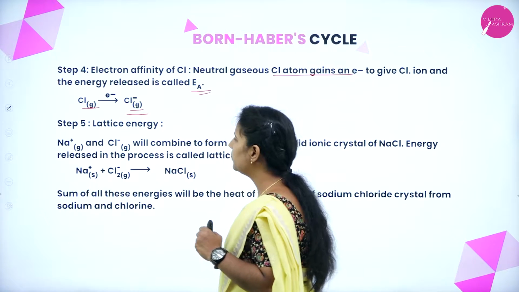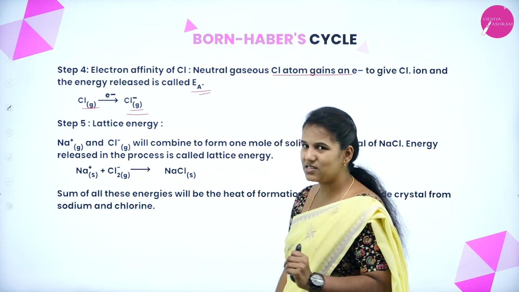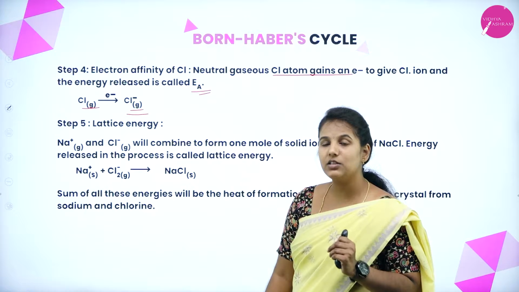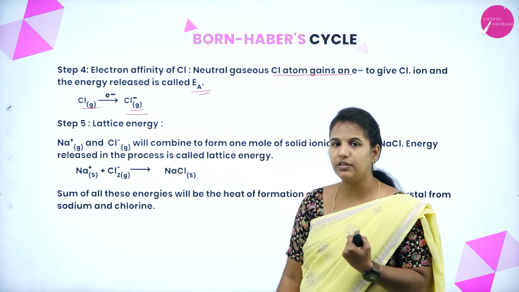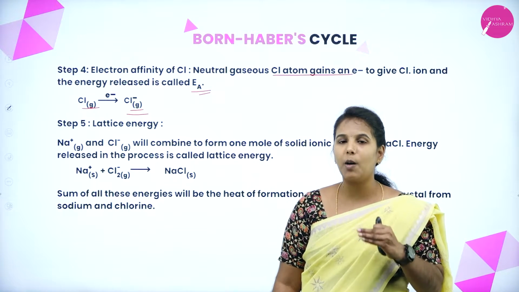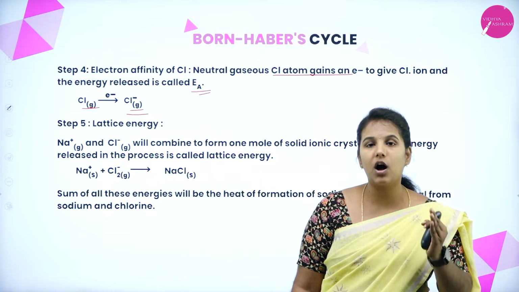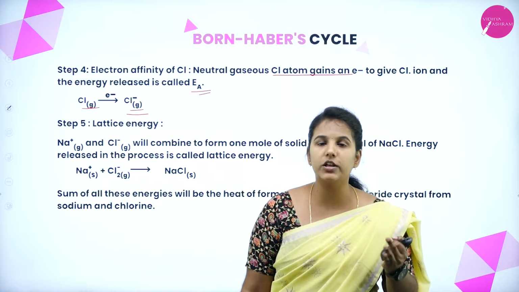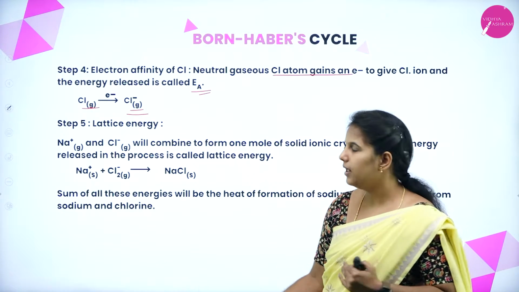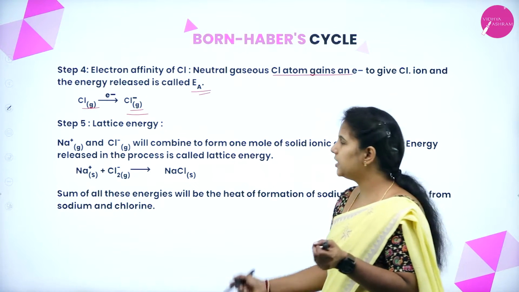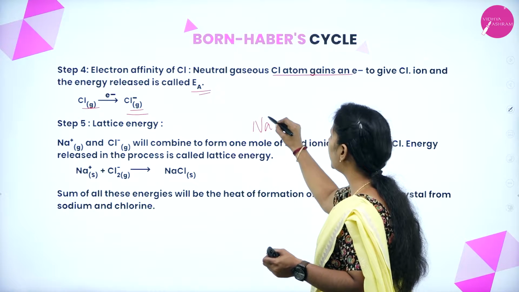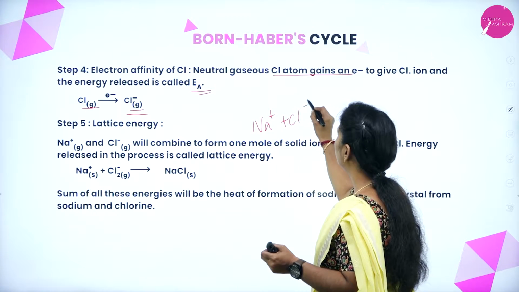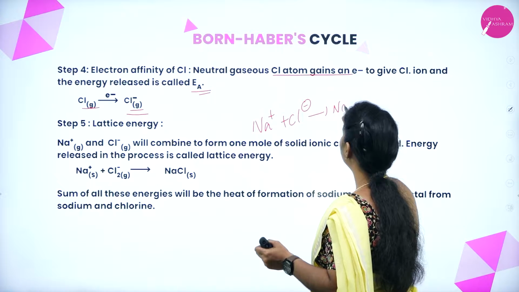In the fifth step, it is known as lattice energy. Why is it lattice energy? Because we have understood just now that lattice energy is nothing but the amount of energy which is released when oppositely charged ions combine together to form a solid ionic crystal. Is it right? Here also the oppositely charged sodium ion combines with chloride anion and forms what?